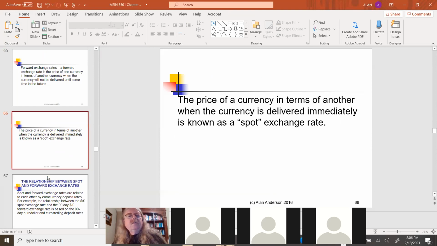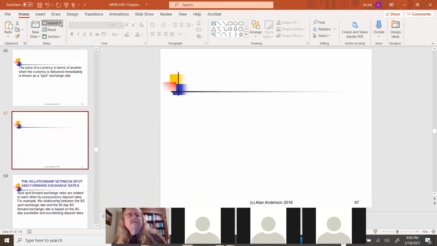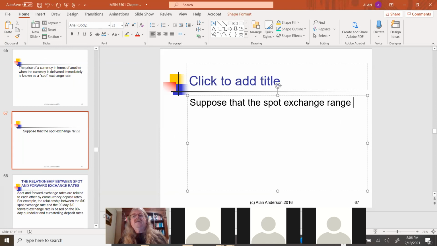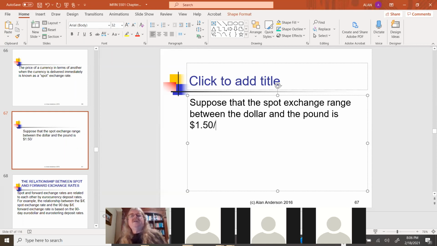All right, so let's look at a quick example of this. Suppose that the spot exchange rate between the dollar and the pound is, let's say, just keep it simple, $1.50 per pound.